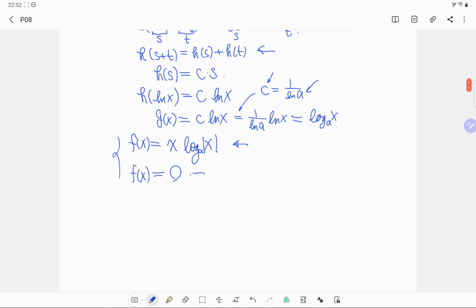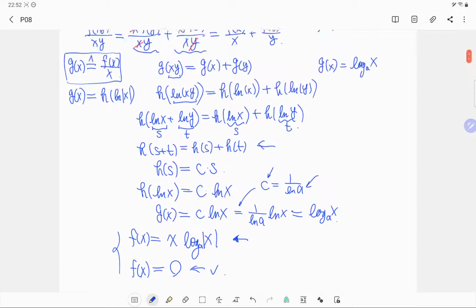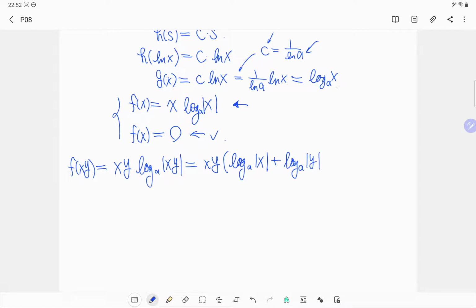So let's check. This one is already checked, and for the first set, as we can see on the left side, f of xy would be xy times log of absolute value of xy with base a, and then applying the rule of the logarithm, we have xy times log of absolute value of x with base a plus log of absolute value of y with base a.